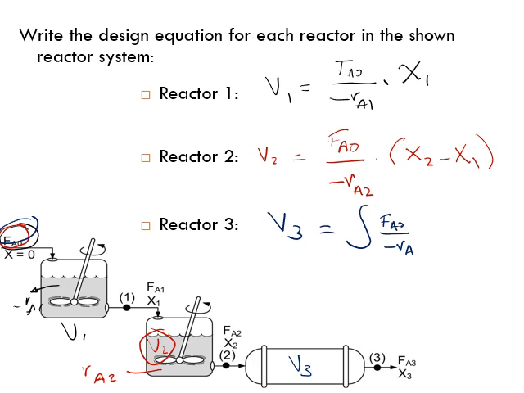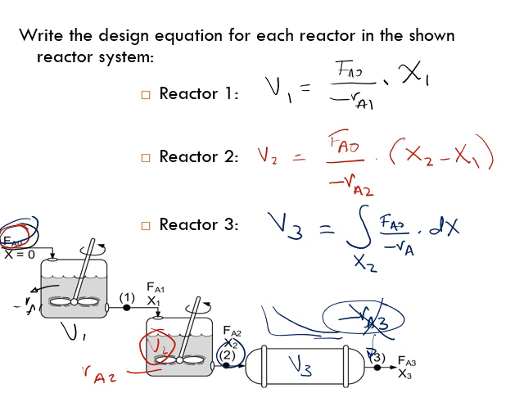I'm not going to write minus RA3 because I'm afraid if I wrote this, you might think this is the rate at the exit, which is not true. I'm not interested in the rate at the exit. Here the rate is changing as you go down the length of the reactor, so I'm going to leave it as a variable, minus RA, times dX. But from where to where do we evaluate minus RA? Well, we evaluate it when X equals X2 all the way to X3.